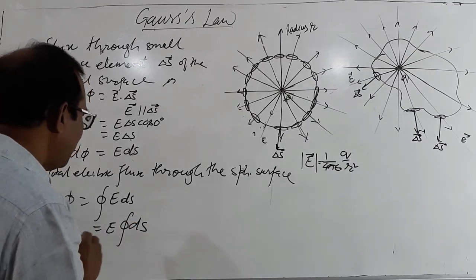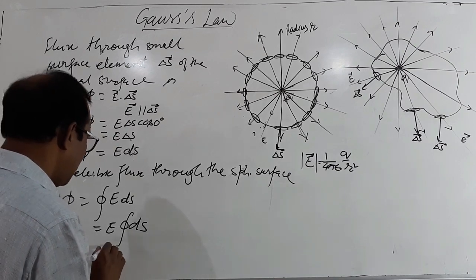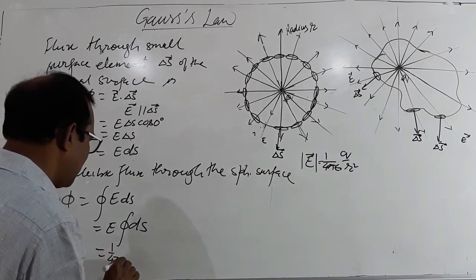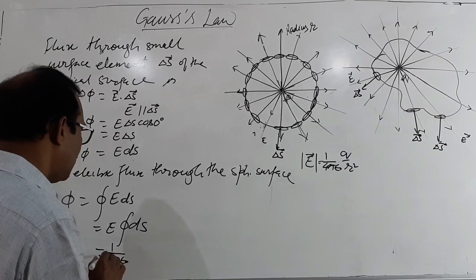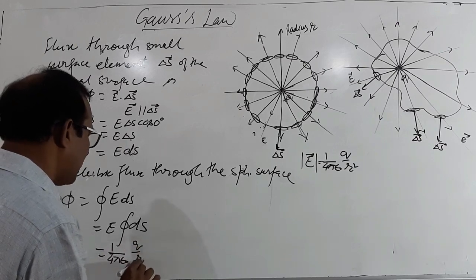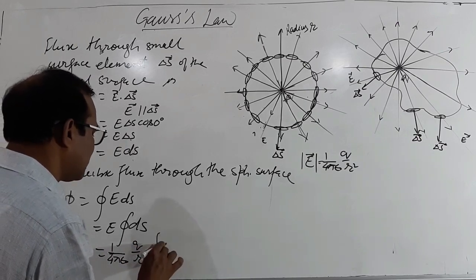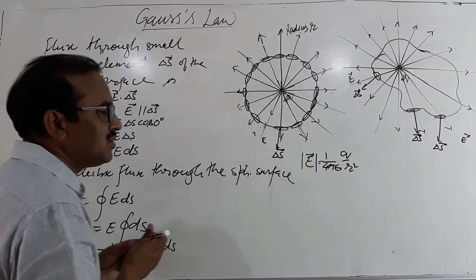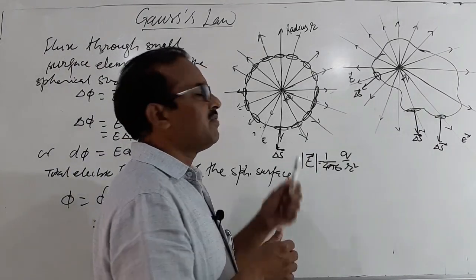So the value of E is 1 upon 4 pi epsilon naught q divided by r square, and then the integration of ds. ds is the magnitude of area of a surface element.